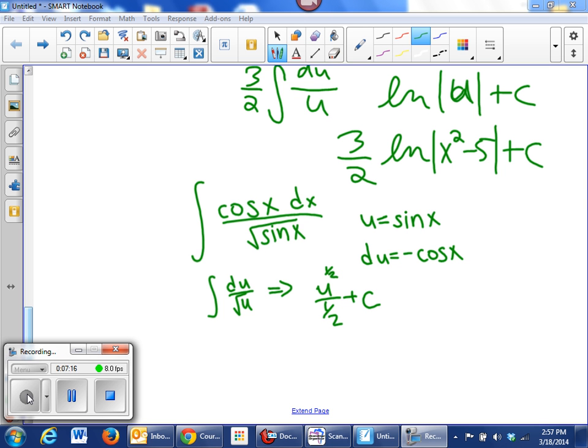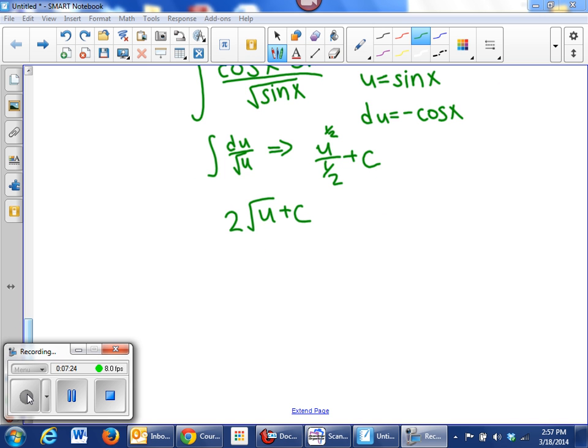This equals 2 times the square root of u plus c. Then you plug whatever u is back in, which equals 2 times the square root of sine x plus c. And that's how you do trig problems with U-substitution.